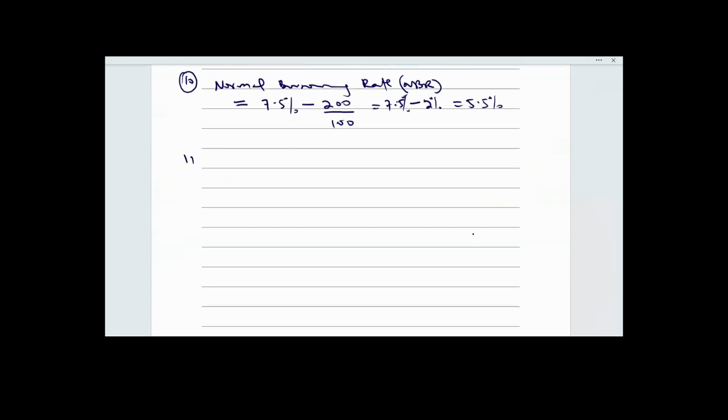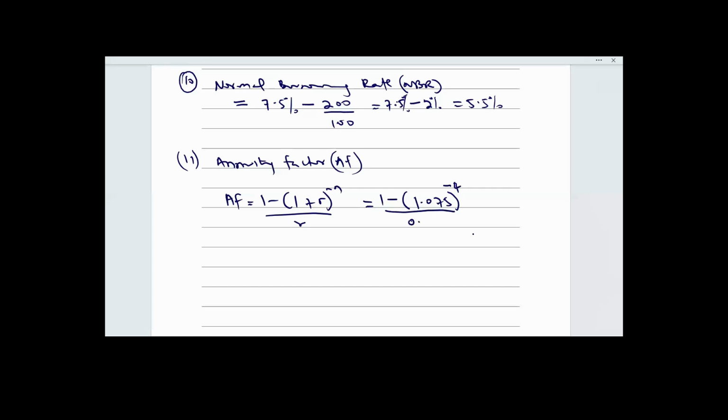AF is equal to 1 minus 1 plus R raised to power minus n, all divided by R. So here is 1 minus 1.075 raised to power minus 4, the useful life is 4, divided by 0.075. What do you have there? 3.349.